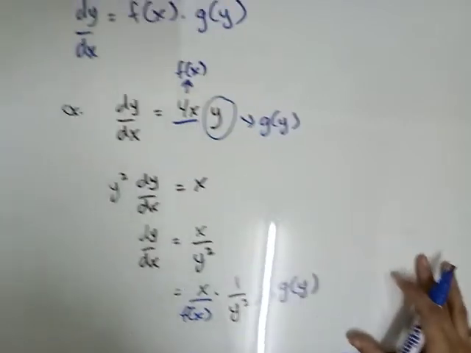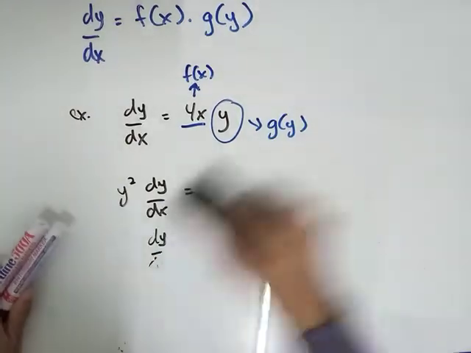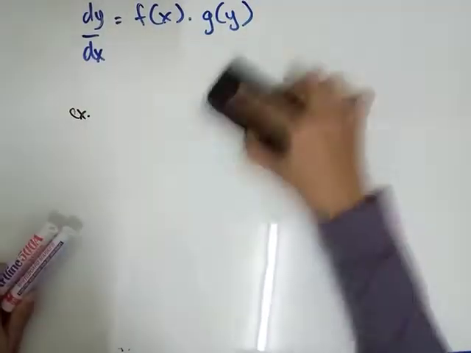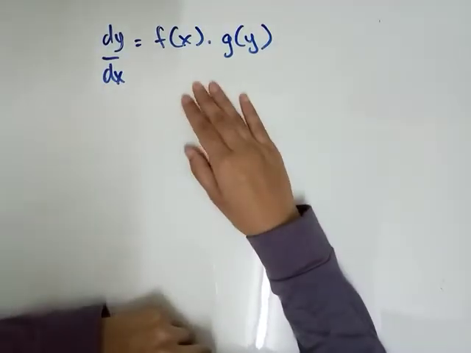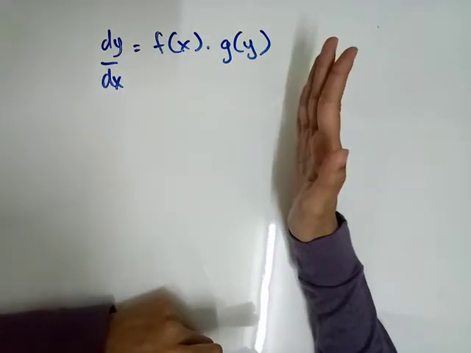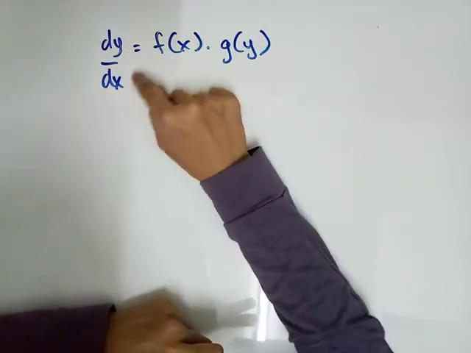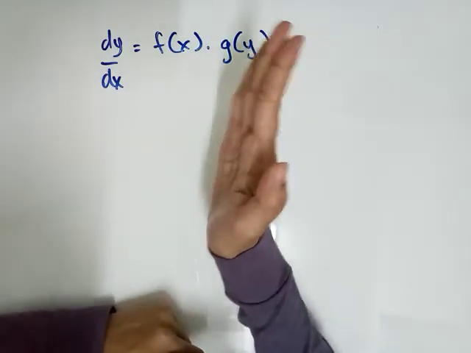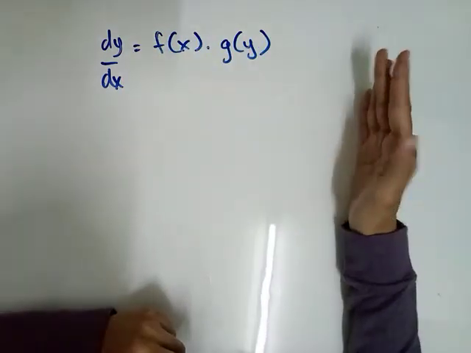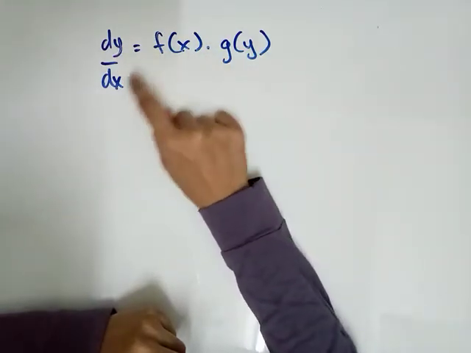Okay, so the method to solve the separable variables, kita perlu satukan. We know that this is dy over dx, this is f(x), this is g(y). Satukan in terms of y dengan in terms of x. Dy satukan dengan g(y), f(x) satukan dengan dx.